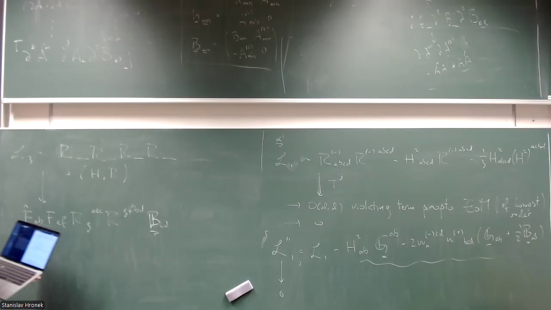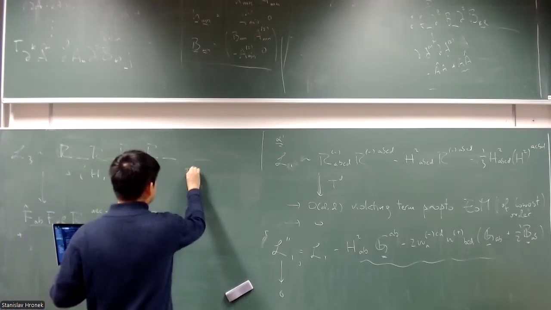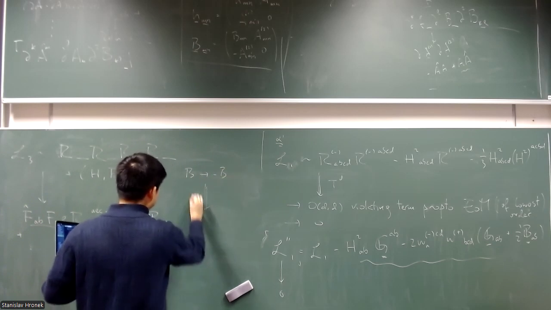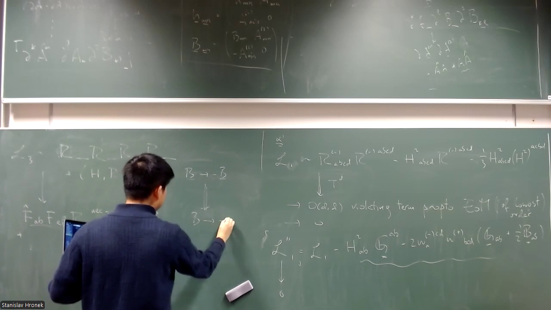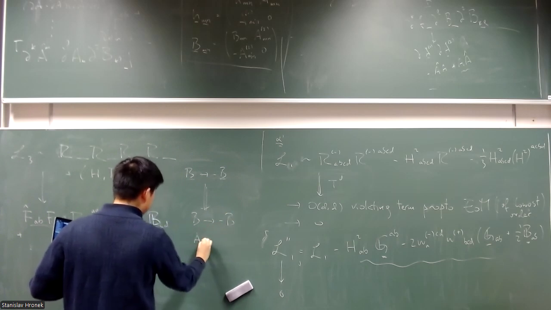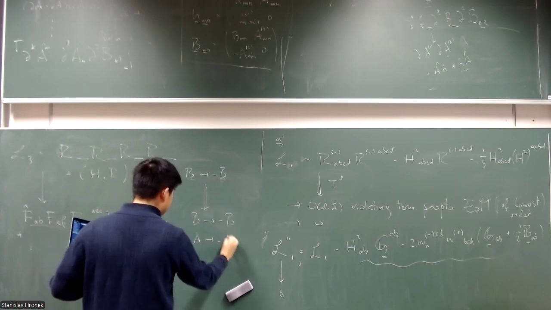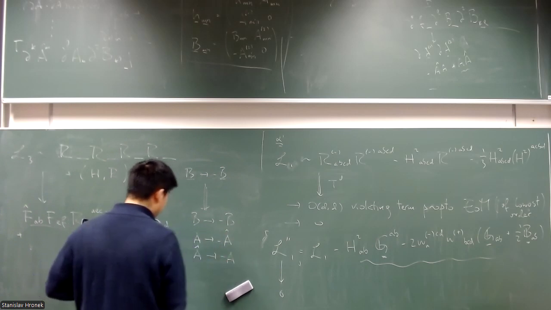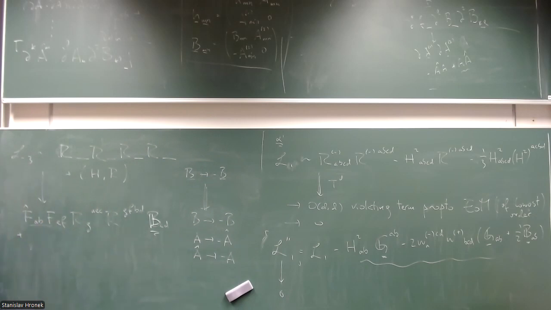In the original theory it was B to minus B, and it is now translated to this high one, this low one, in minus B. And we're going to use that because it will help us constrain what kind of ansatz we can have and what kind of terms can be present.